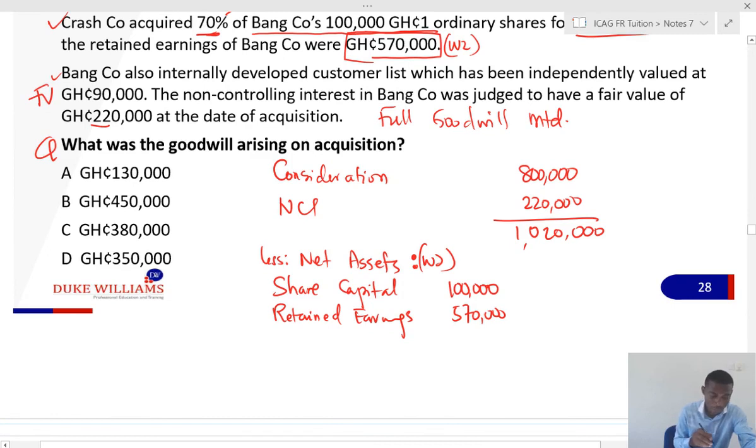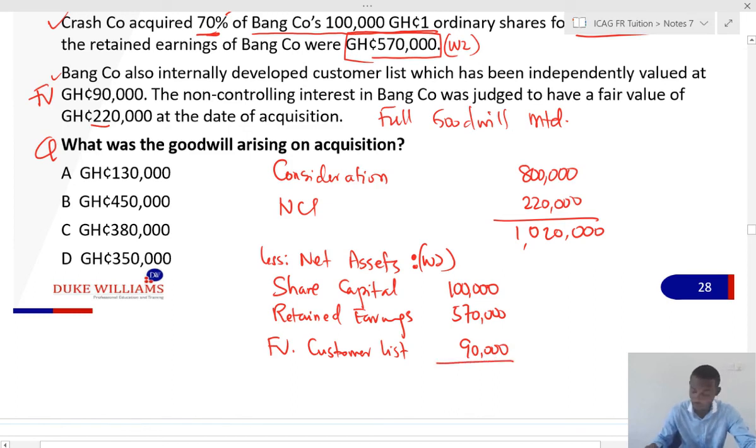Then we were told there is an internally generated customer list, so that's a fair value adjustment. We call it customer list. And because it's fair value, we have to increase the value of the entity's assets. So here, the total value will be 100 plus 570 plus 90. That gives us 760.